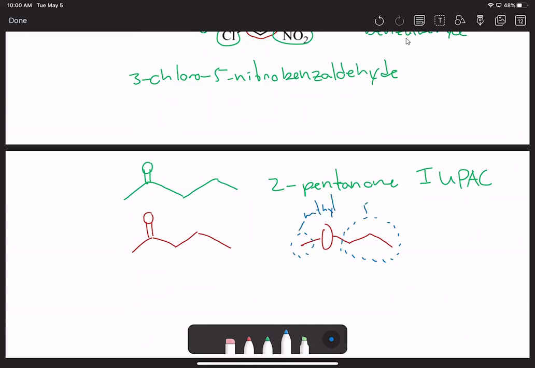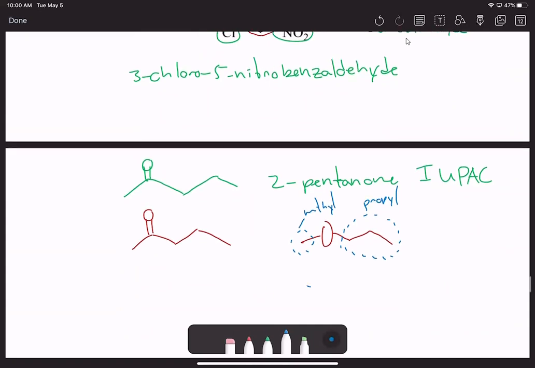This is methyl. This is propyl. So I'm going to write methyl, put a space, write propyl, put a space, and then write ether.